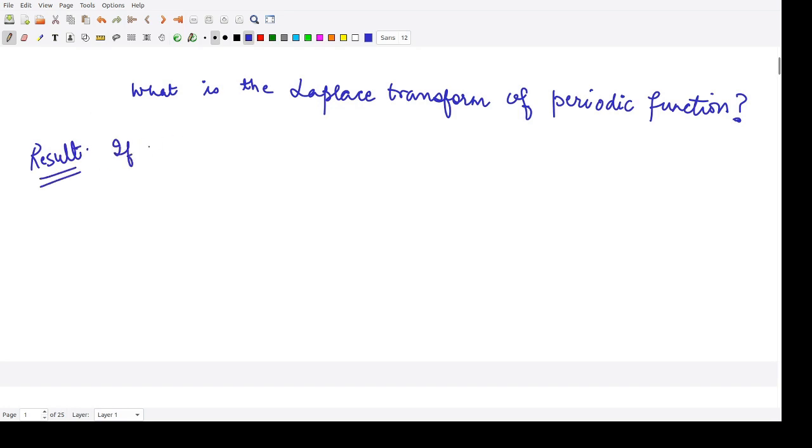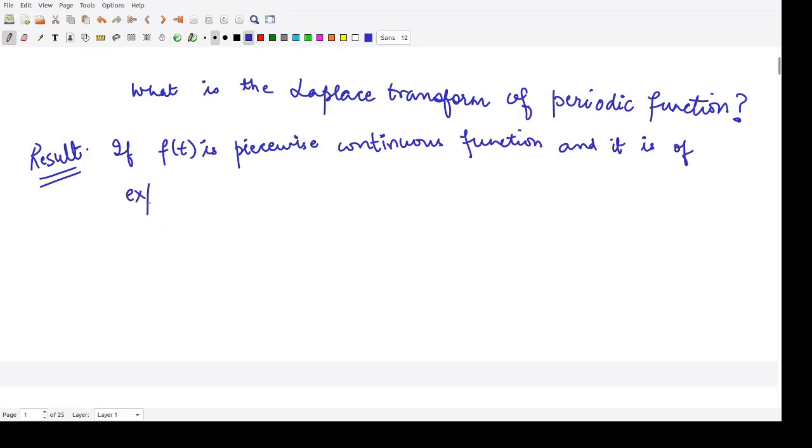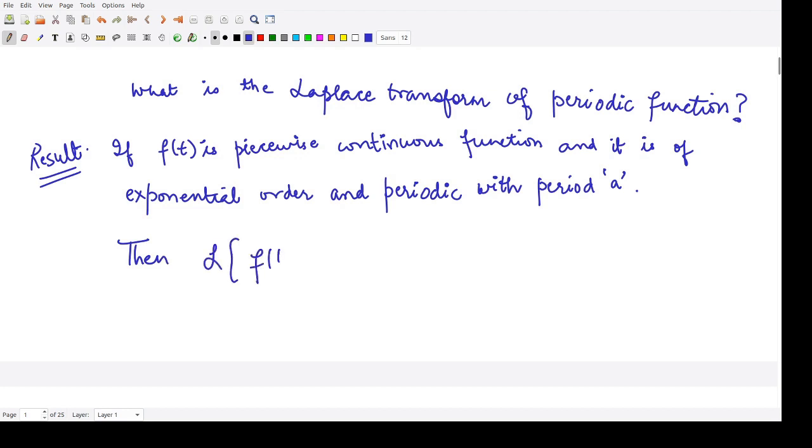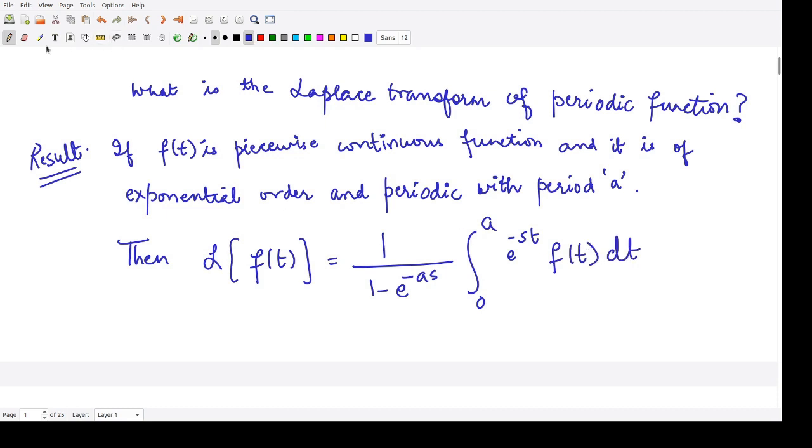It says that if f of t is piecewise continuous, of exponential order, and periodic with period a, then the Laplace transform of the function f of t is equal to 1 divided by 1 minus e to the power minus as, into the integration from 0 to a of e to the power minus st f of t dt.